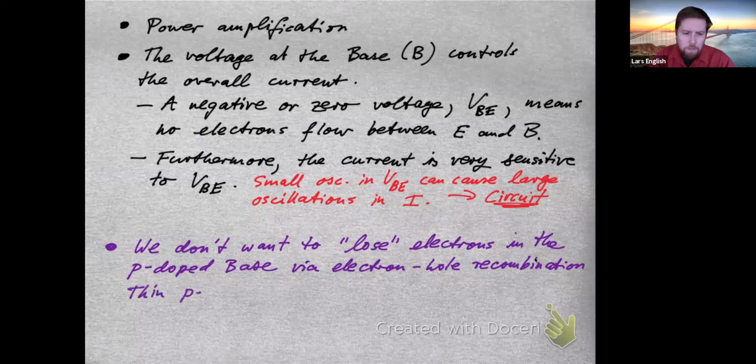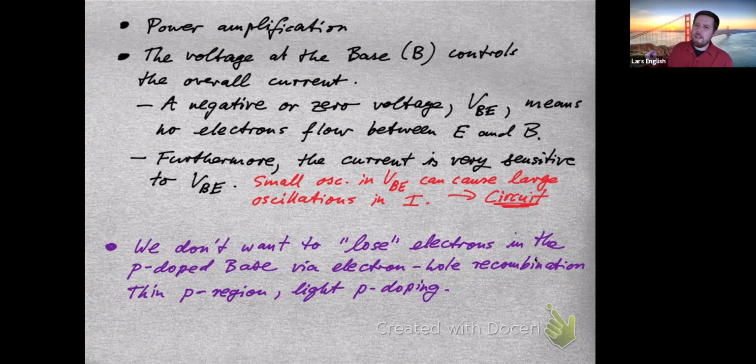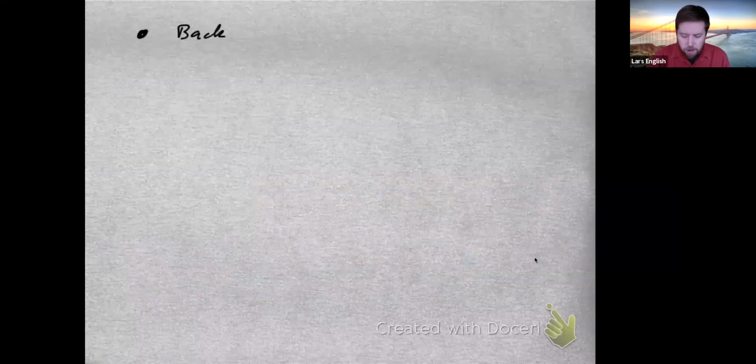And so what we're going to do is have a thin p layer there to begin with. So we're going to engineer it such that the thickness of that p-type semiconductor is small. Okay, and then we also have a fairly light p doping as well, so that there aren't that many holes around to recombine. Okay, so that's another consideration.